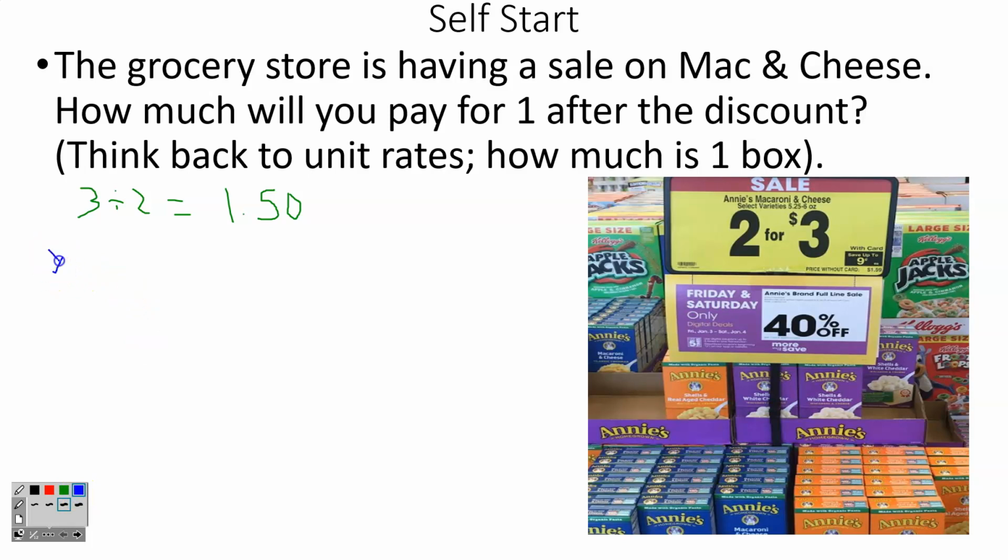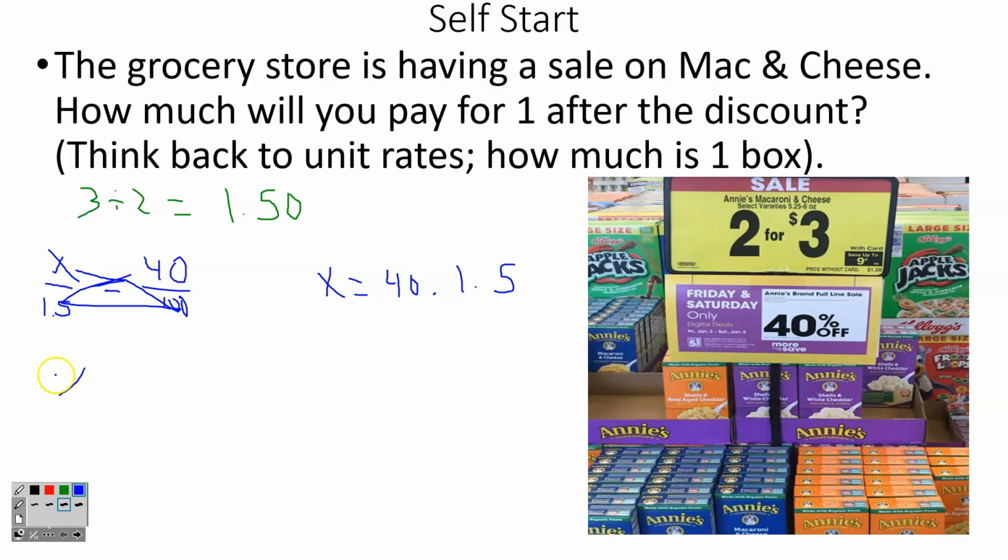So we could either do x over 1.5 equals my percent over 100, or we could do discount equals percent times the cost. So I'm going to go ahead and do this in my calculator, and I'm going to get 40 times 1.5 divided by 100.